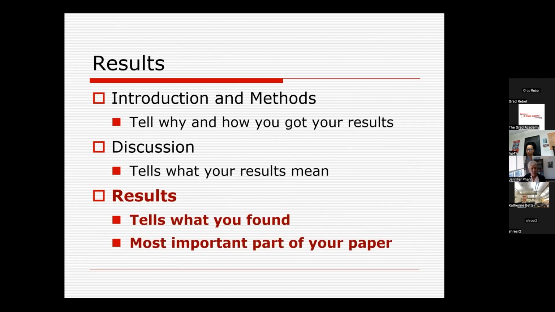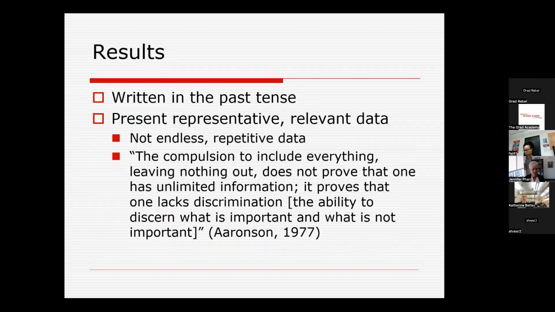Your introduction and your methods tell the reader why you did your study and how you got your results. Your discussion section tells the reader what your results mean. Your results section tells the readers what you found, and it is the most important part of your paper. It is the new knowledge that you are providing to the world from the study that you have completed.